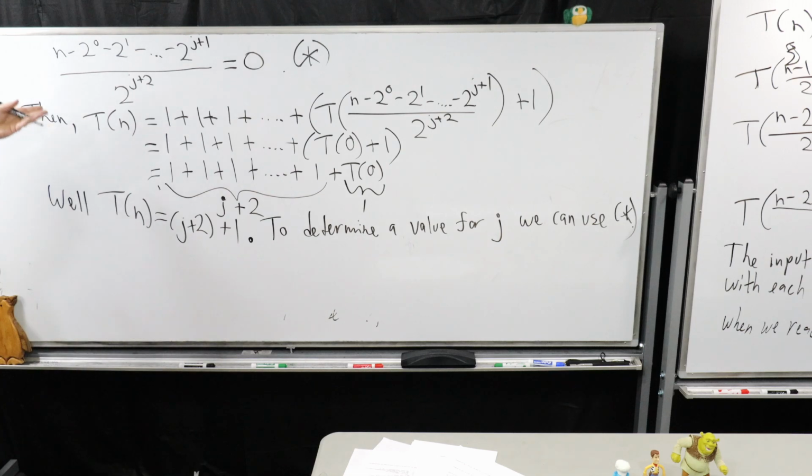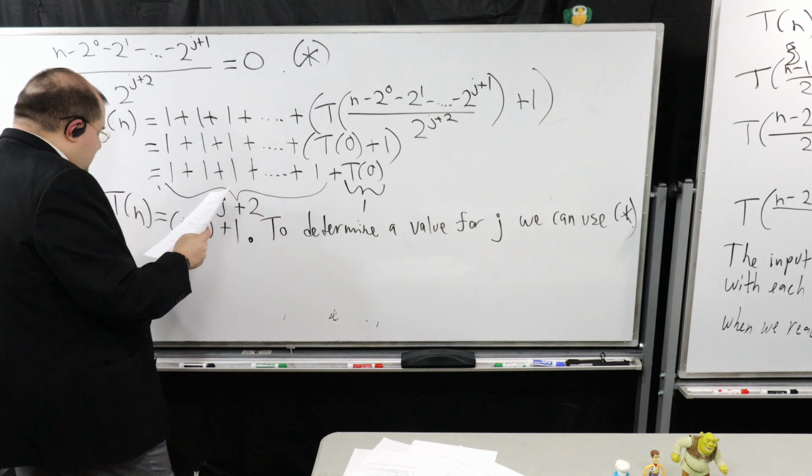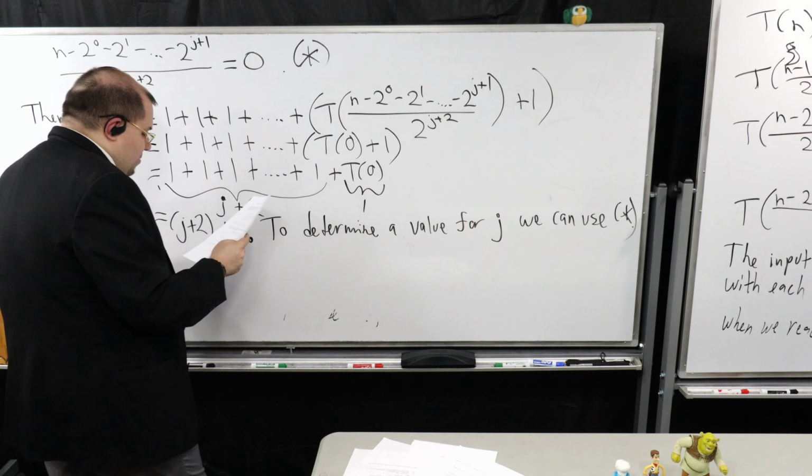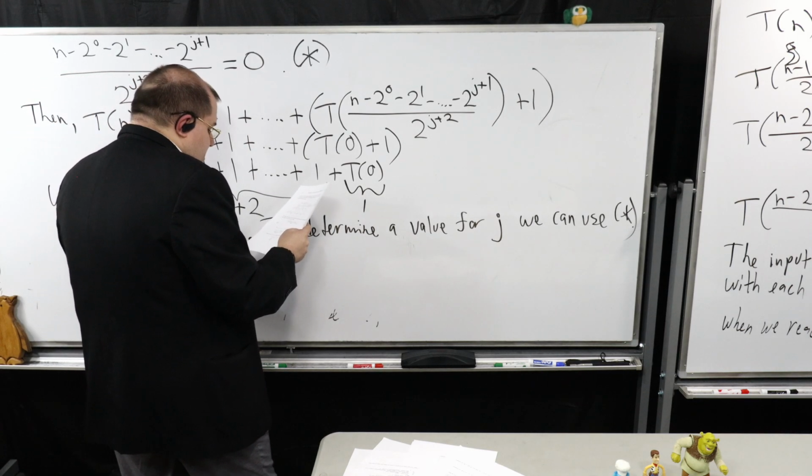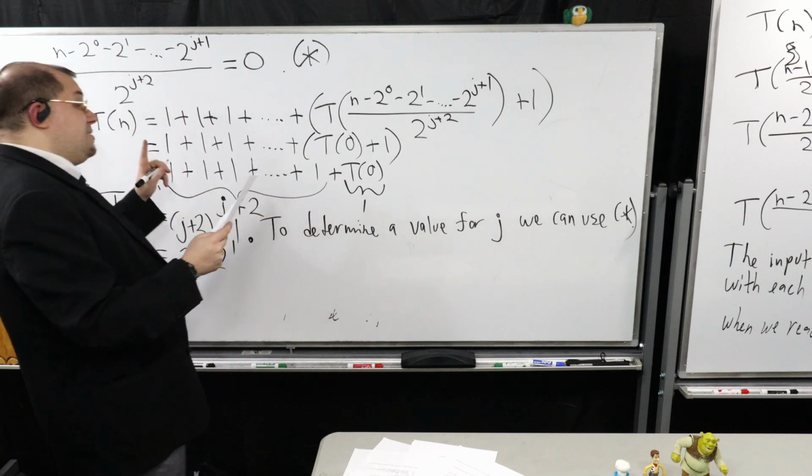Notice I can multiply both sides of this by 2 to the power of j plus 2. And notice that this will just go away because there's 0 on the right-hand side. So what do I end up with? I end up with n is equal to 2 to the power 0. Oh yeah, one other detail.